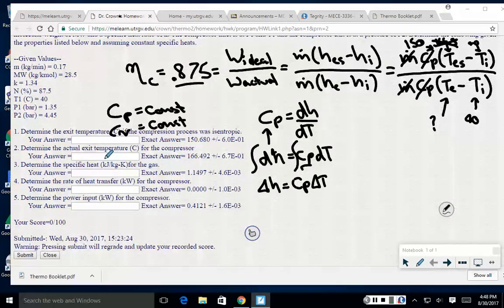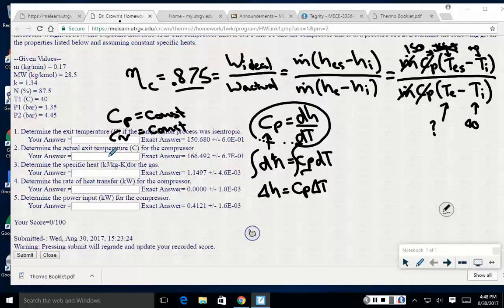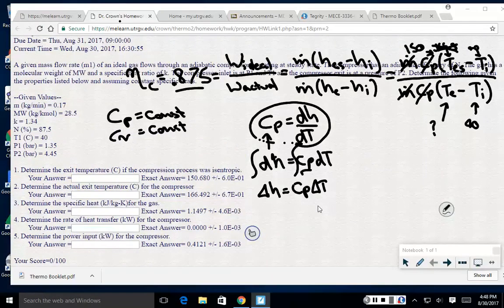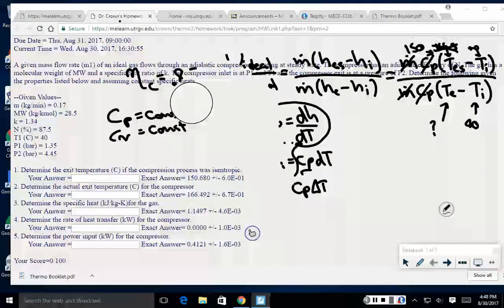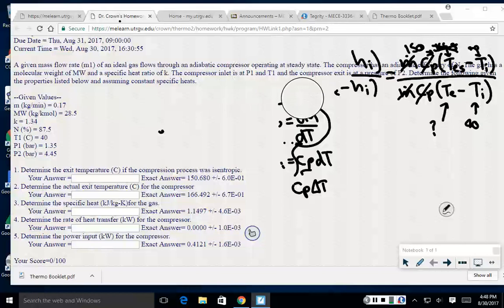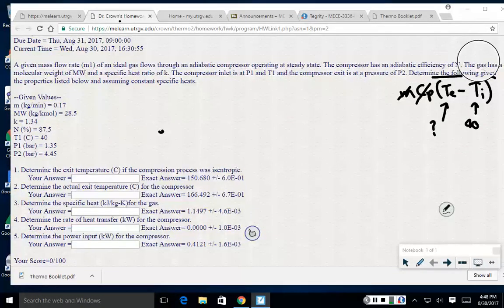Okay, the specific heat, how would I find that? Specific heat equals dH/dT, but I don't have tables because I don't know what the gas is, and plus I'm using average specific heats. So let's scroll up here a little bit. It says use constant specific heats, but I was given a few other things.